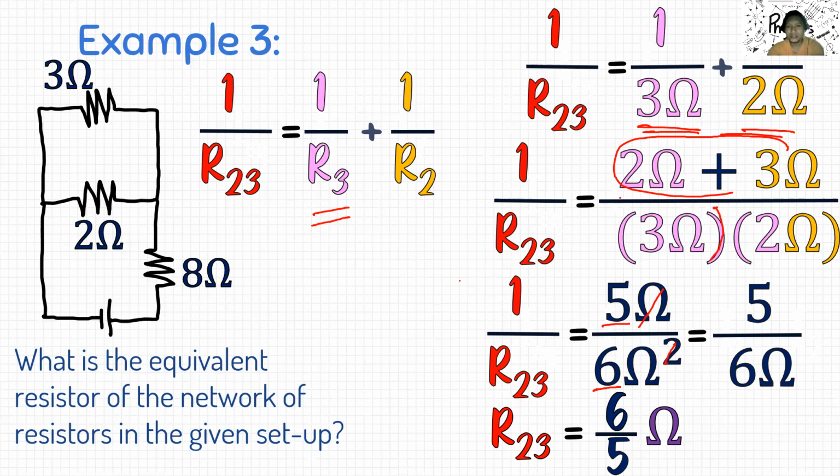Then notice that it is still a reciprocal, you still need to take its reciprocal, and then you arrive at this one. So we have the answer for that combination, but we are not finished.